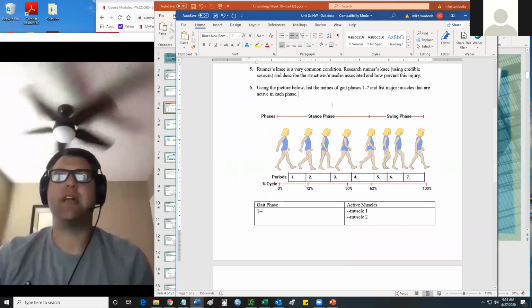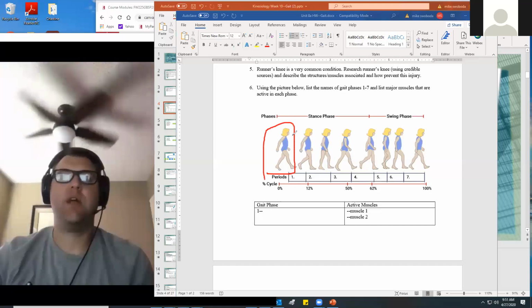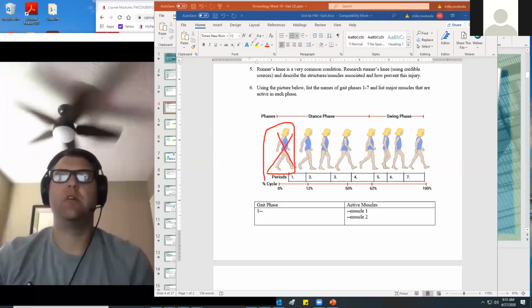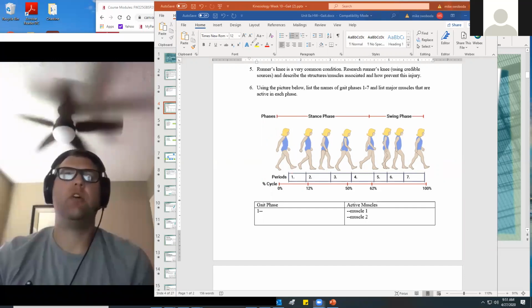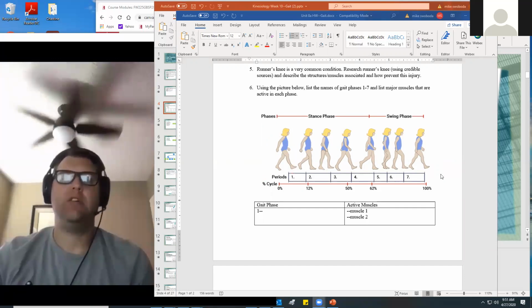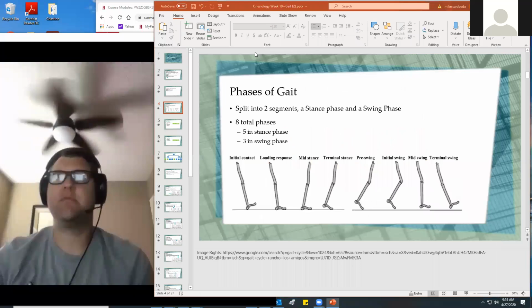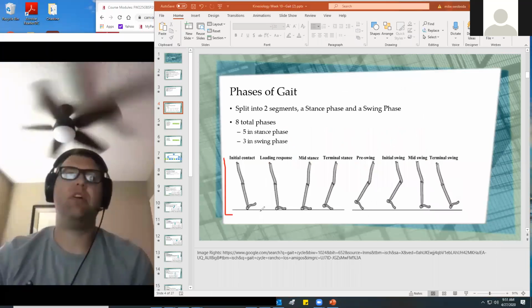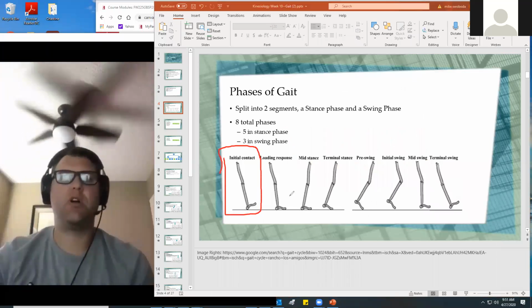And like I was saying, this first one here is not counted. So in your homework, it'll say 7 gait phases. The one that it is not counting is this first one here, this initial contact.